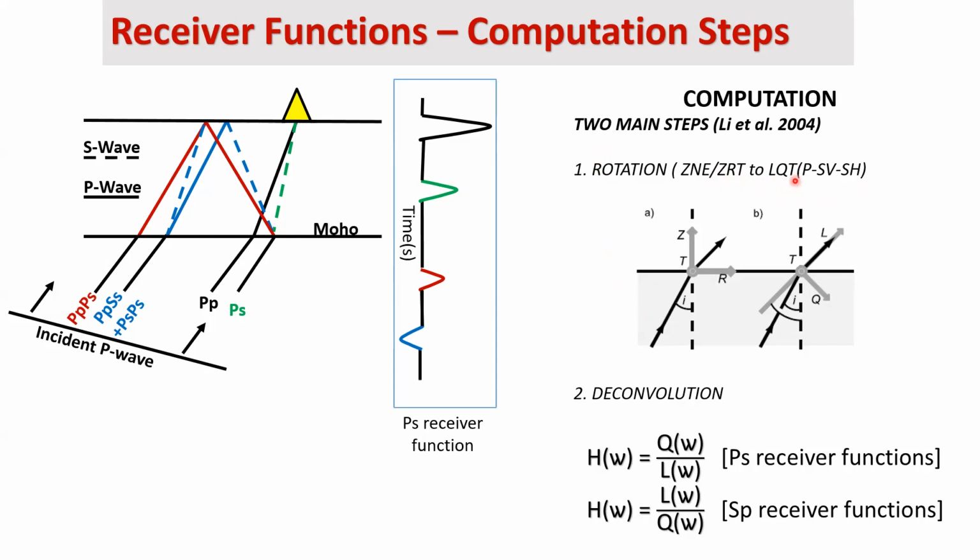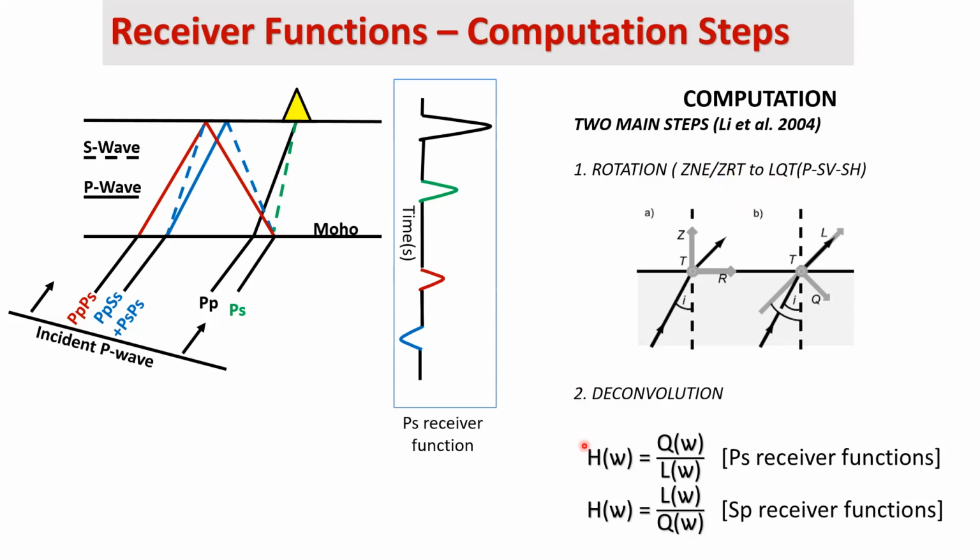As it has been told earlier, radial component means the direction that is joining the source to the receiver, and T is the direction along the SH wave energy, and L is the component which basically contains the direction of P wave energy, and Q is the SV wave and T is the SH wave energy.